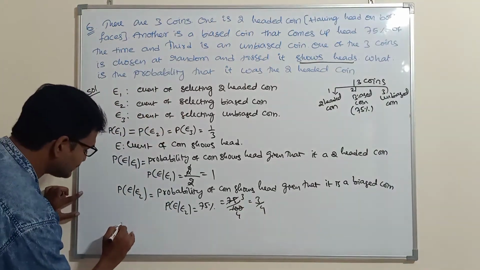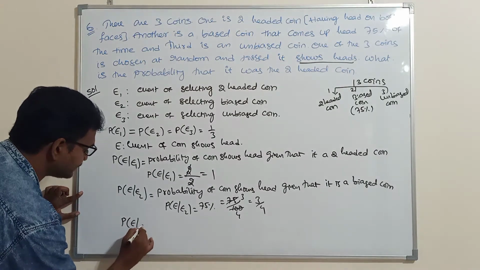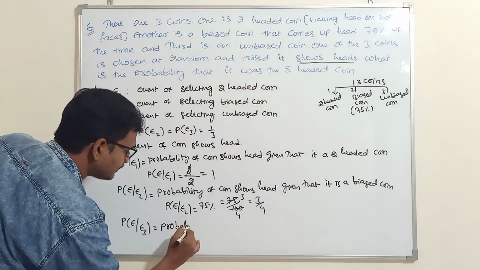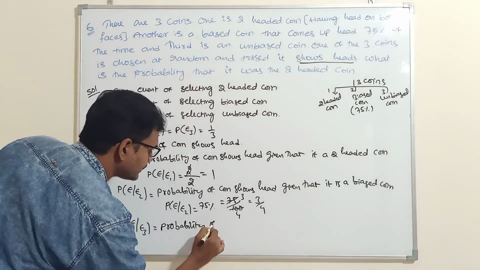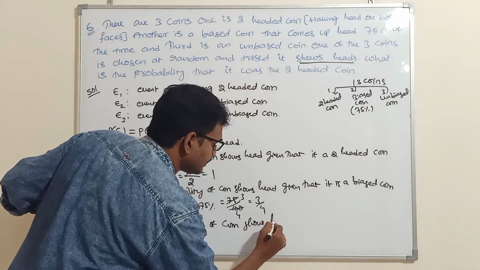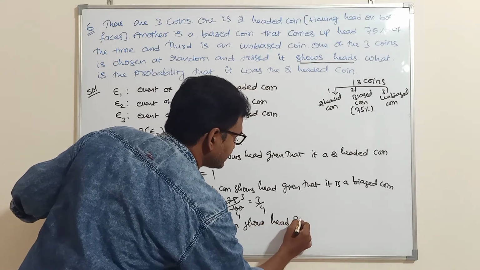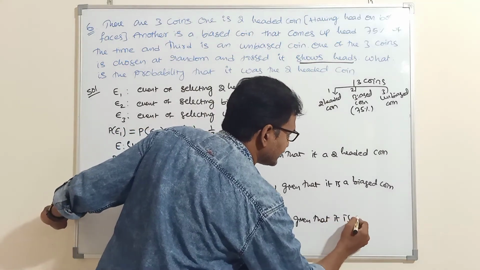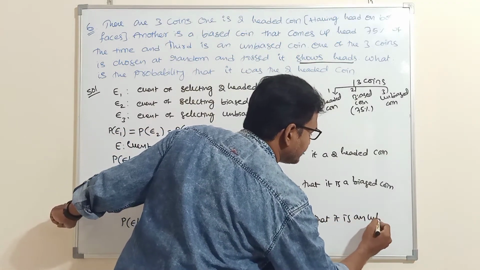Next, what is P of E given E3? That is the probability of the coin showing head, given that it is an unbiased coin.